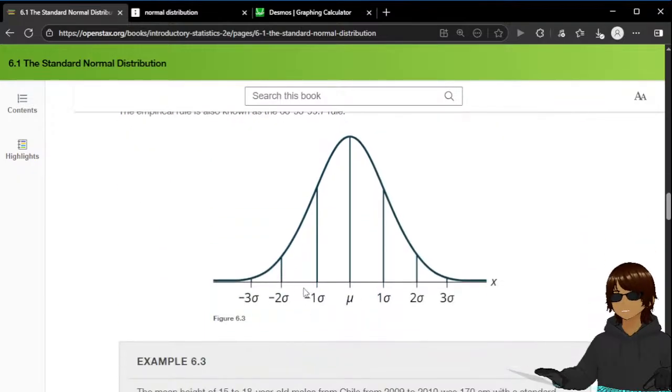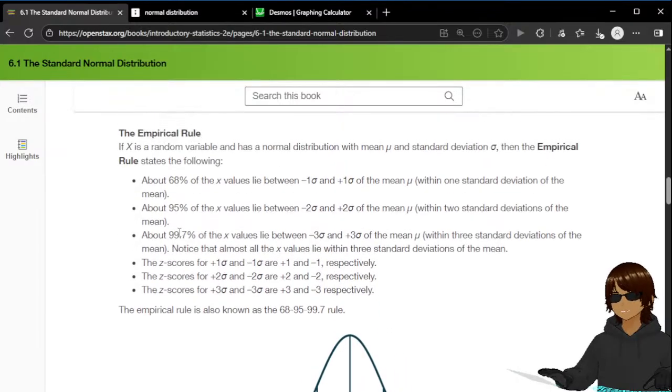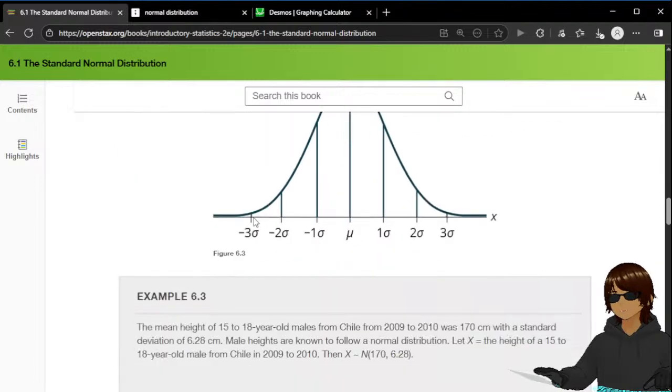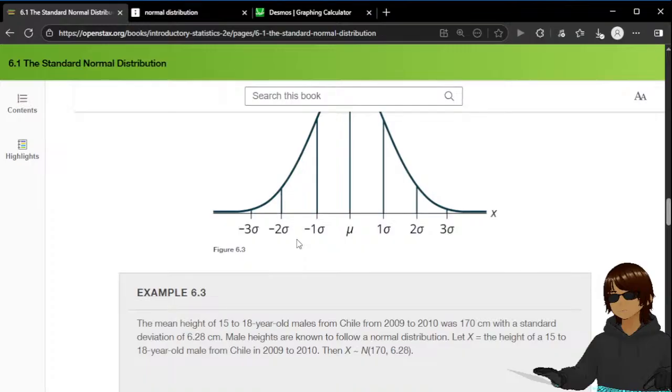Minus 2 to plus 2 covers 95%. 99.7% of the x values lie between minus 3 and plus 3, 99.7. The empirical rule is also known as 68, 95, 99.7.